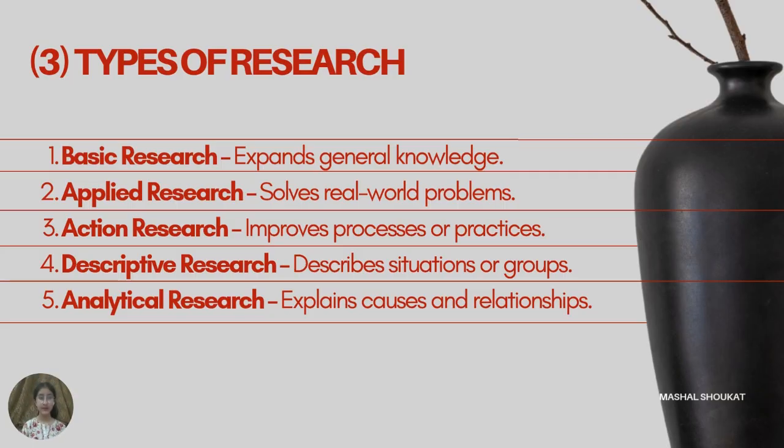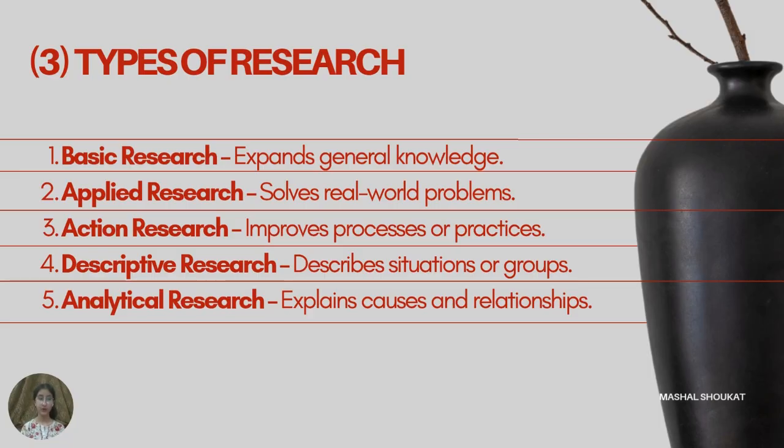Now, in applied research, it is a bit different. In applied research, we do research to solve a real world problem, to build a product that will help people. In action research, we improve methods or practice within a certain setting. For example, a teacher testing a new teaching style in her class, right?